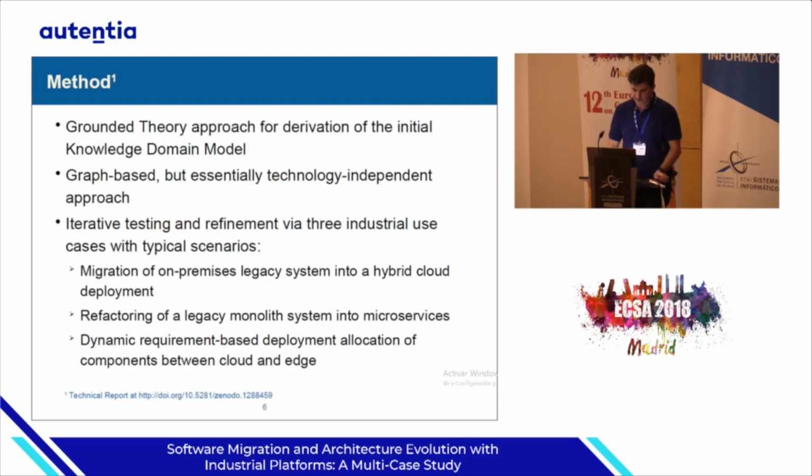So the method we followed was the grounded theory approach. We made a survey of the existent literature on architectural decisions, on architectural patterns, on a larger number of commercial applications, and we derived from it an initial knowledge domain model, which represents, in essence, the current knowledge of a software architect in terms of what patterns there are, which quality attributes, for instance, a specific application fulfills, what technologies it is compatible with.